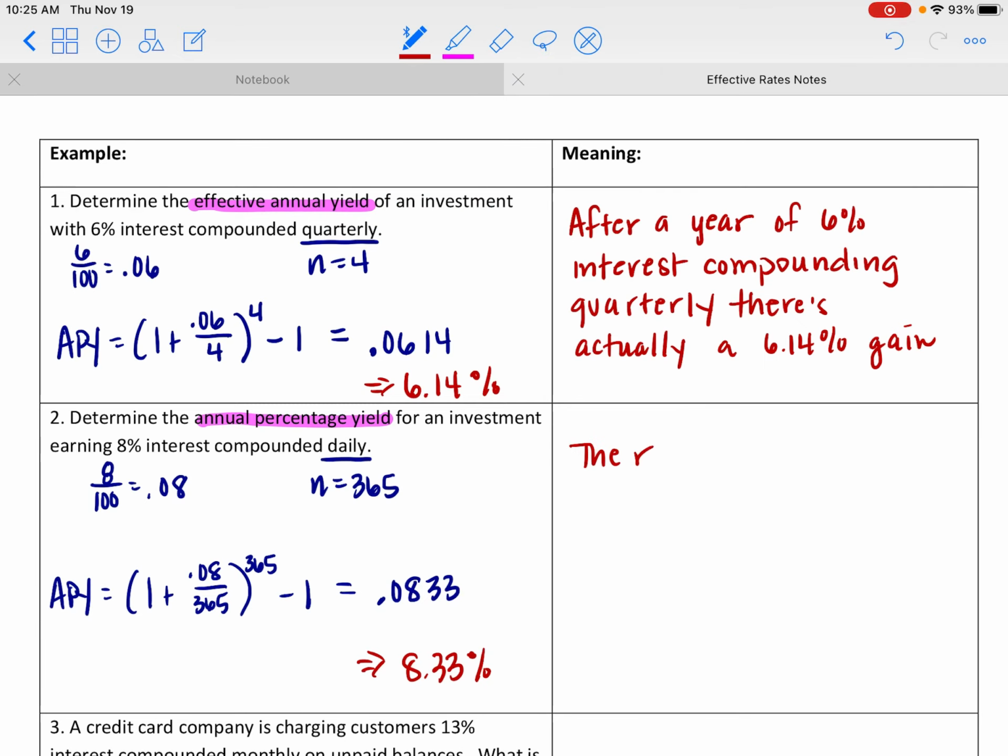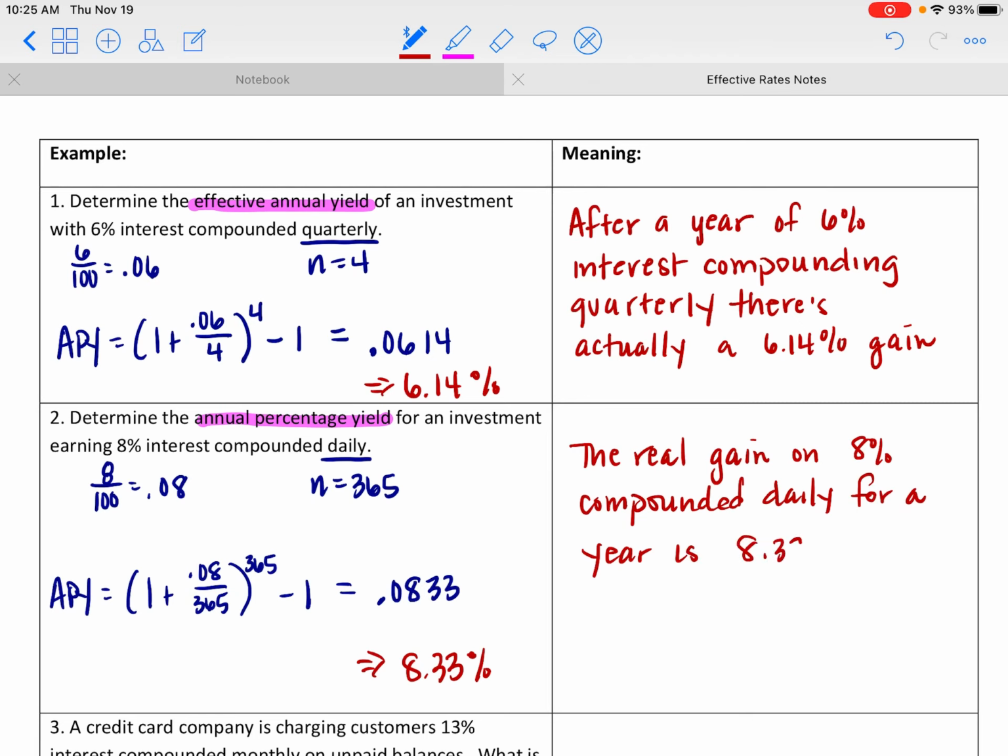The real gain on 8% compounded daily for a year is 8.33%. Okay, so again, just to try to vary up the wording.